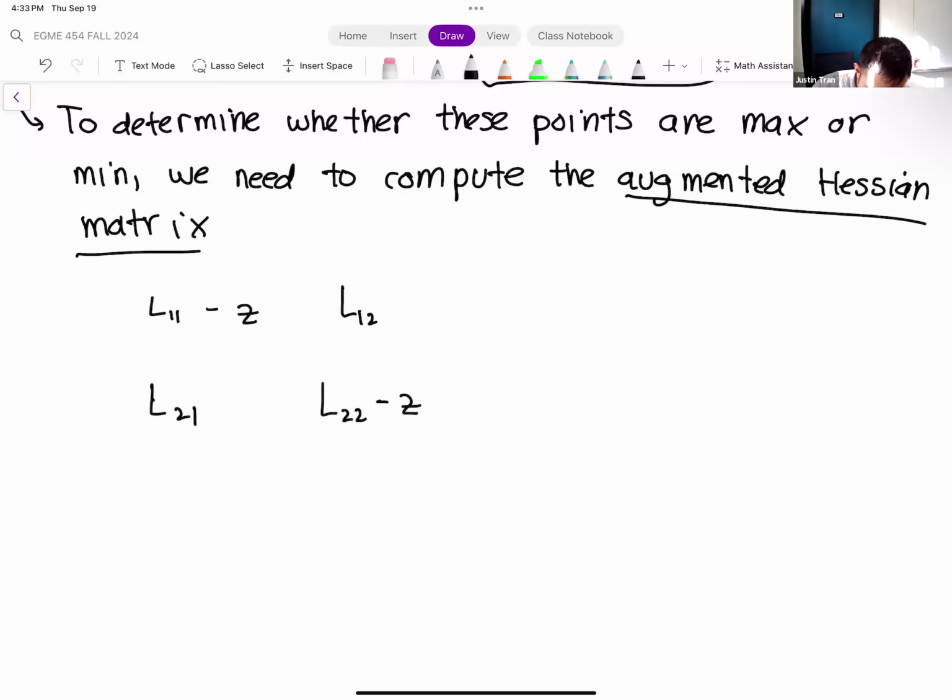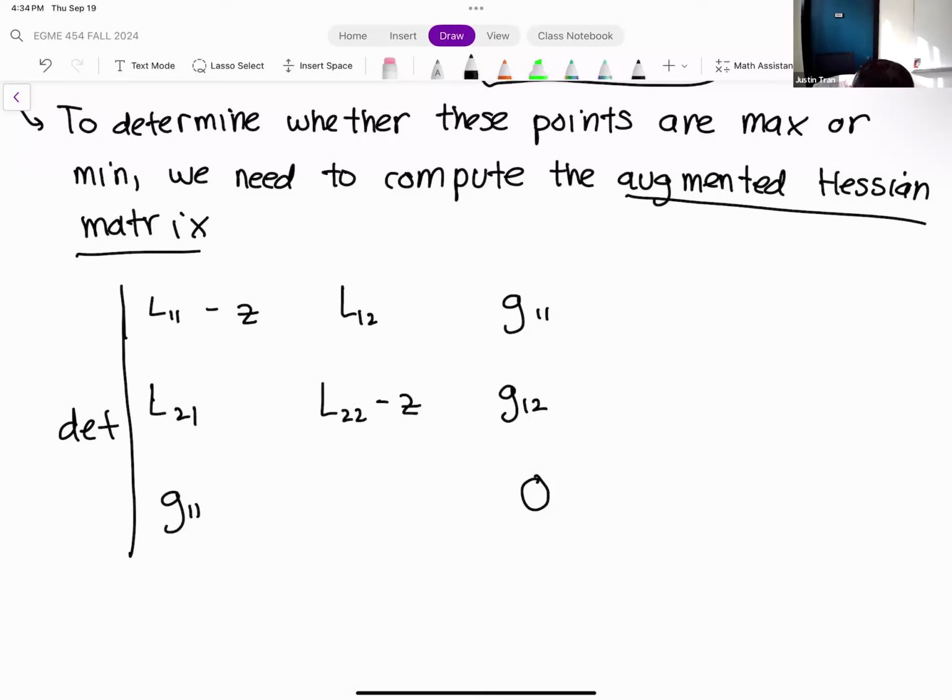In the bottom right, we're going to have a 0. And everywhere else, we're going to have these derivatives, G1, G2, G1.